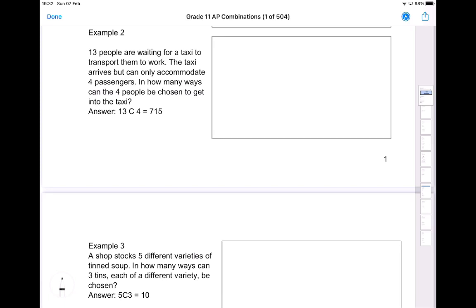Again, make sure that you understand the question. From the group of 13 people, we are combining them in 4s. And there are many different ways of grouping them in 4s. Using that formula, you will get your 13C4, which will give you 715.